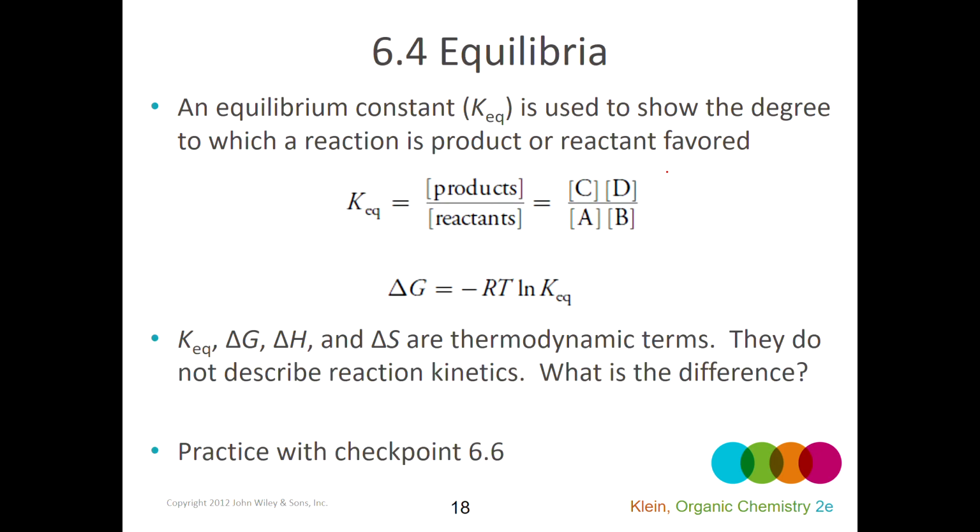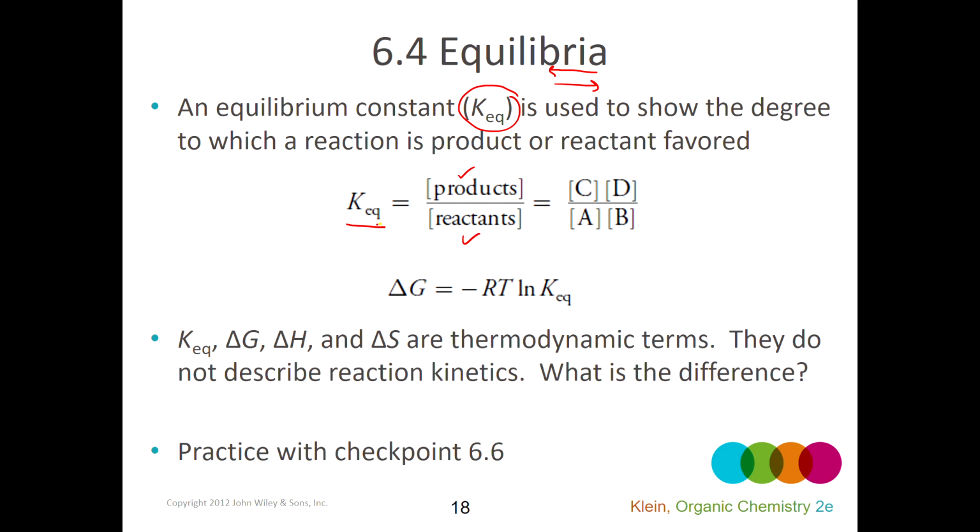So when we talked about reaching equilibrium in general chemistry, we said because the reaction is shifting at equilibrium in the forward direction at the same rate it's shifting in the reverse direction, the quantity of products and reactants are no longer changing. So the ratio of products to reactants remains constant.